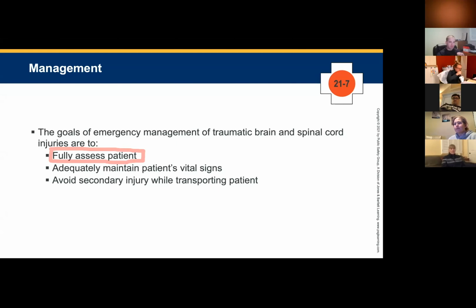Our job should be to fully assess, and we can do that. We can do a full patient assessment.